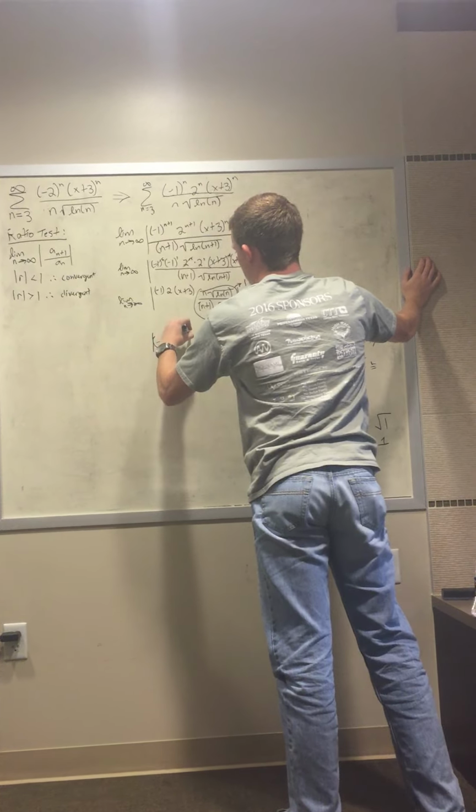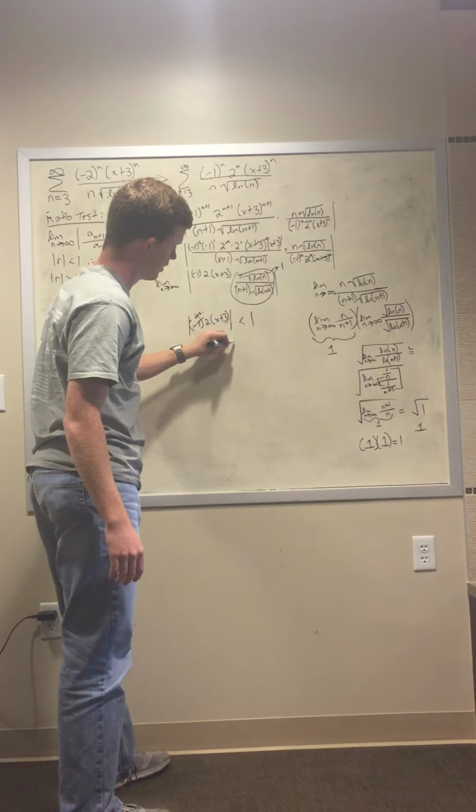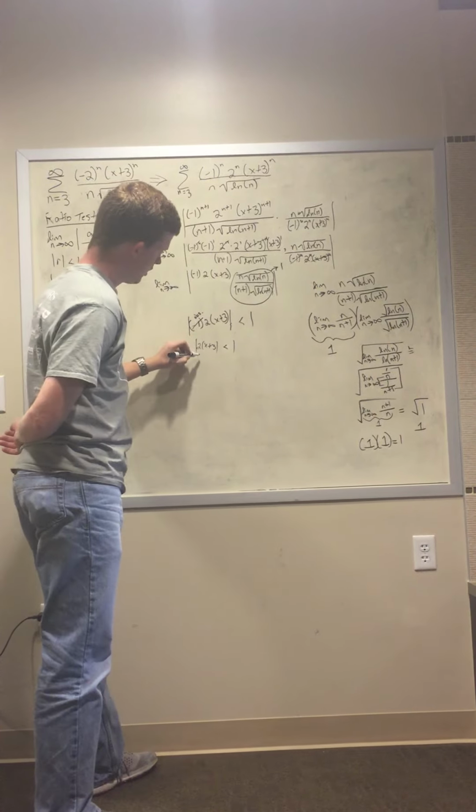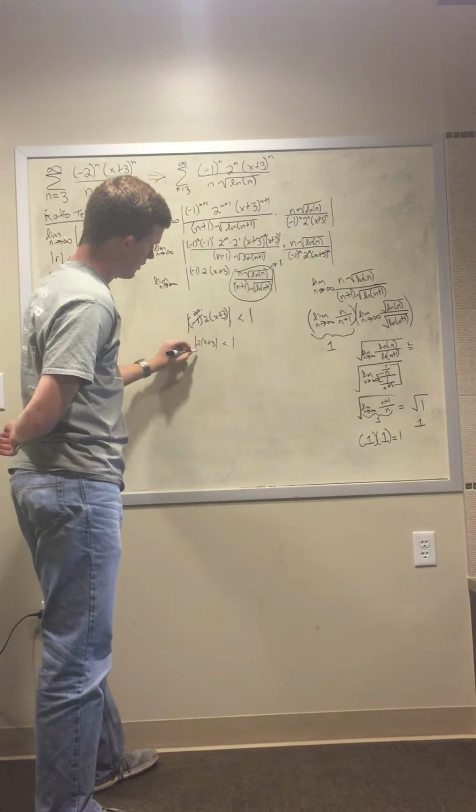So we're just left with 2 times x plus 3, carrying the absolute value down. It's less than 1. We'll divide the 2 over. We'll get x plus 3, absolute value, is less than 1/2. And that will be our radius of convergence. Because the form for radius of convergence is x minus a is less than 1. This being a radius of convergence. So this is the form we wanted in.